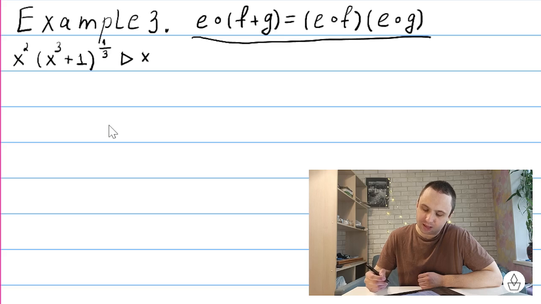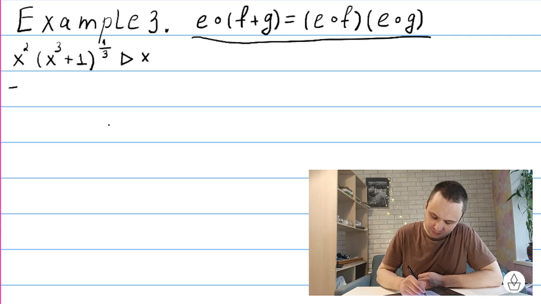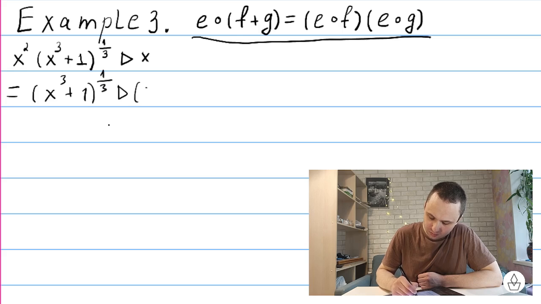You can find the details in my recent paper mentioned at the beginning of this video. Let's move x squared to the right by associativity. X cubed plus 1 to the 1/3, integral x squared, integral x.